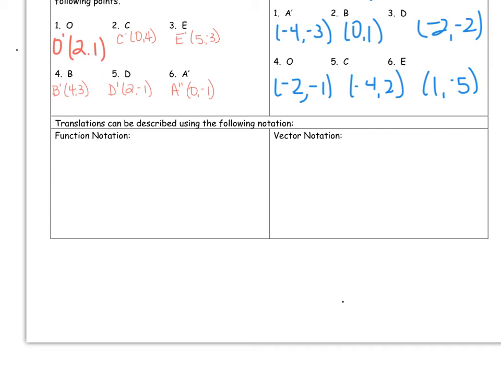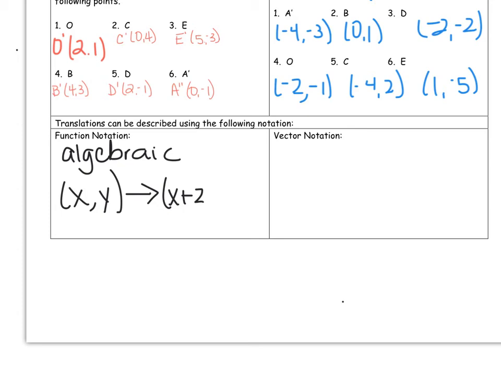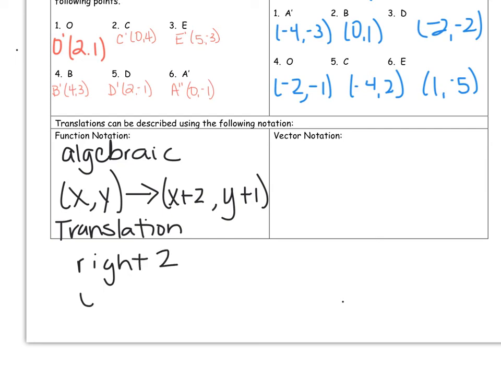So if we write it algebraically, when we took x and y and translated it, on the horizontal we added 2 to the x coordinate, and on the vertical we added 1 to the y coordinate. So this just means that it's a translation to the right 2 and up 1.